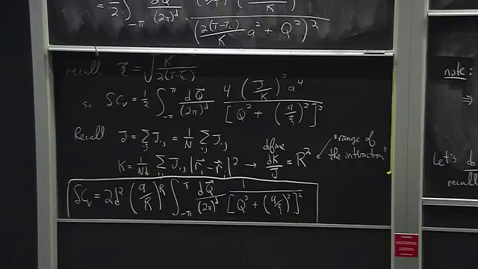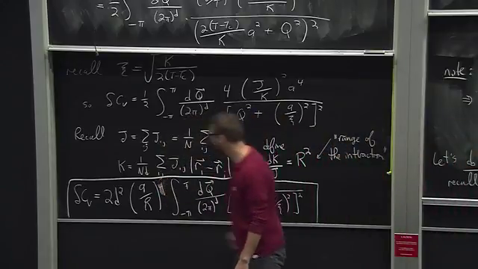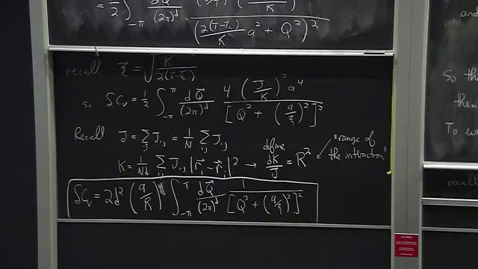So you have a over r to the 4 out front. And then just that integral that has different convergence properties depending on dimension.